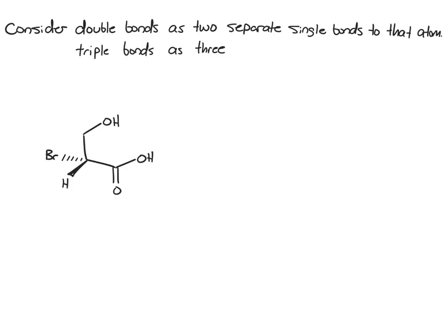One final example that's going to show us how to treat double or triple bonds. And what you want to do is, in terms of priorities and attachments, consider double bonds as 2 separate single bonds to that atom, or triple bonds as 3.